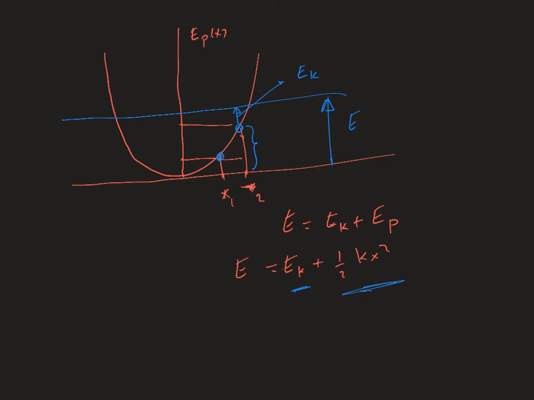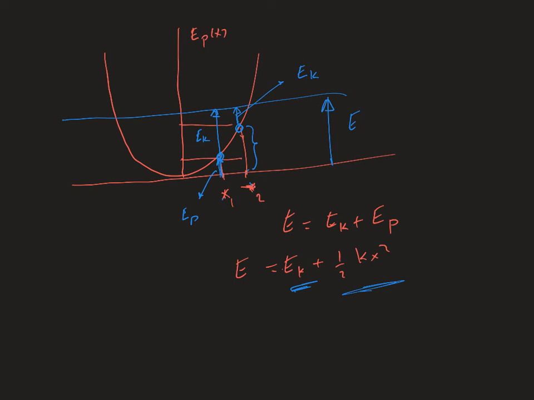If I'm here, this is the potential energy, and all this is the kinetic energy, because E sub k plus E sub p is the total energy. So if there is a conservation law, if the potential energy increases from x1 to x2, the kinetic energy decreases.